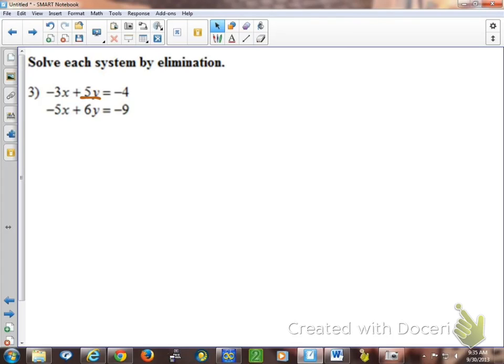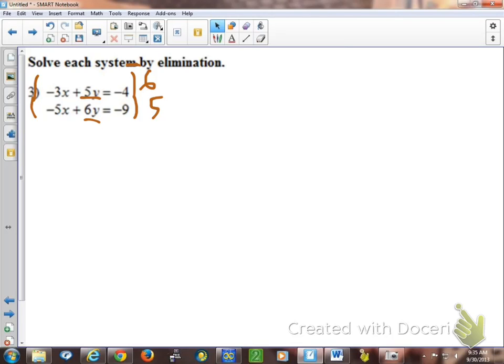What is a number that both 5 and 6 go into? 30. 30 is an excellent one. So what do we need to multiply 5 by to make it equal 30? 6. What do we need to multiply 6 by to get it to equal 30? Now, one of these is going to have to be negative because neither of them is right now. So let's make the top one -6.